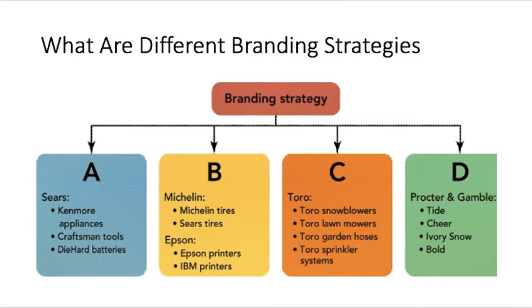Page 584, this graph is actually from the 7th edition of the book, but it reviews alternative branding strategies that present advantages and disadvantages for markets. So companies can employ several different branding strategies, including A, which is multi-product branding, which a company uses one name for all its products in a product class.